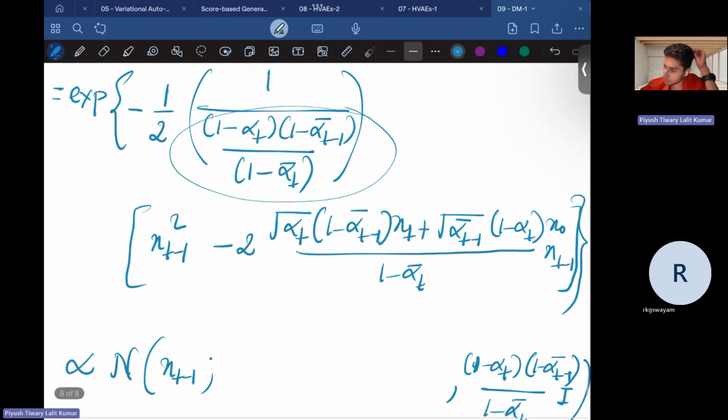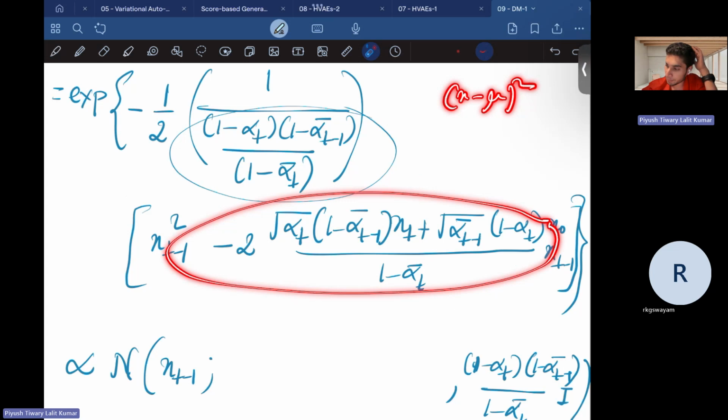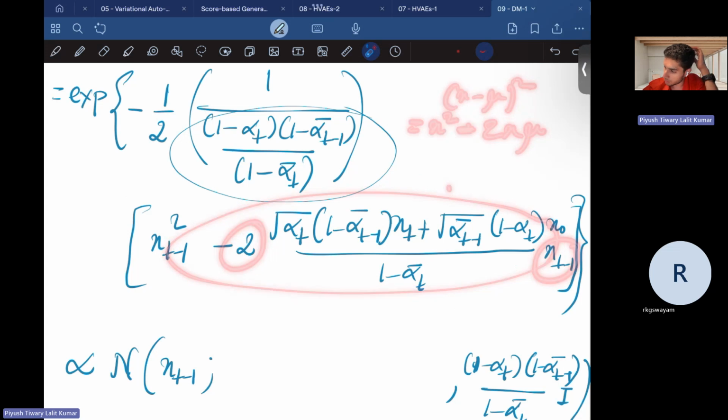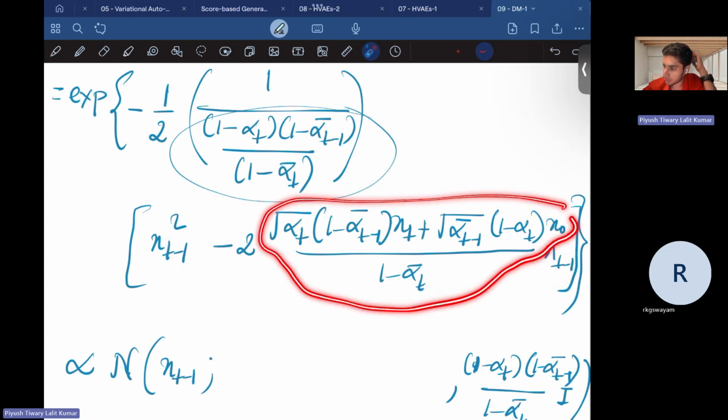What is the mean? Remember that this thing is x minus mu whole square, right? If you expand x minus mu whole square, you get x square plus mu square minus 2x mu, right? So 2 is here, x is here. Whatever else is here, this term, this is actually our mean, isn't it?